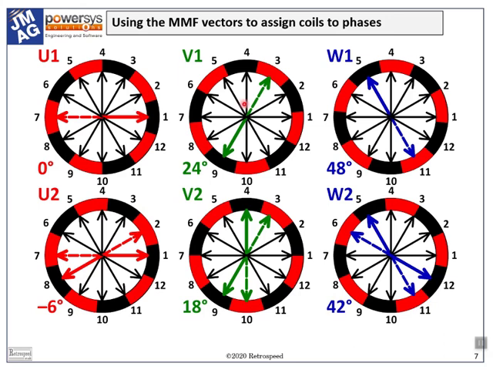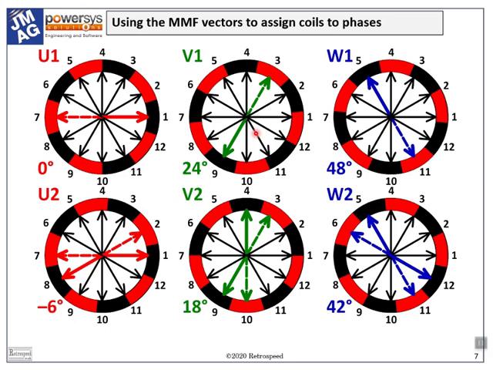This tells us that coil 9 can be connected in series with coil 3 reversed to start building phase V, assuming the phase sequence U, V, W. And again, at this position, no other coils are perfectly aligned with magnets.